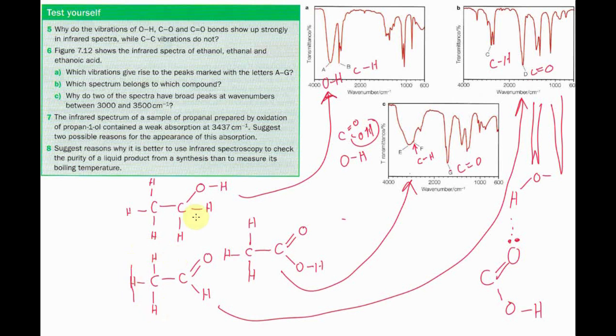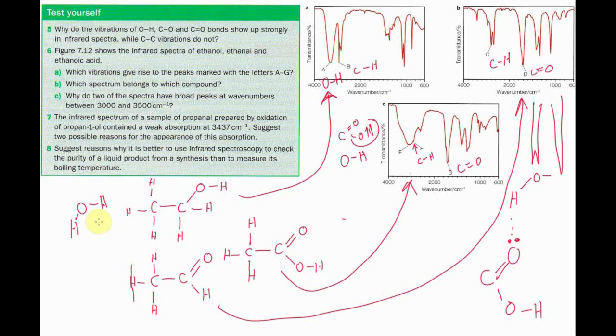Well, one of the reasons could be we could have some unreacted propan-1-ol in there, or we could have some water, because water as a contaminant has got the OH there. So a lot of samples have this OH, but it's because there's a little bit of water there.